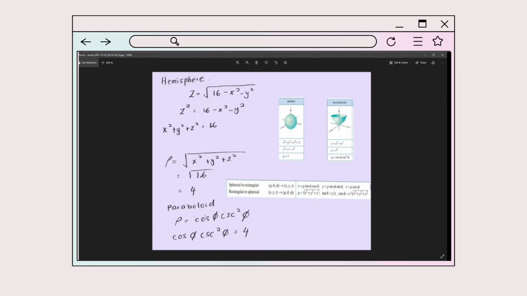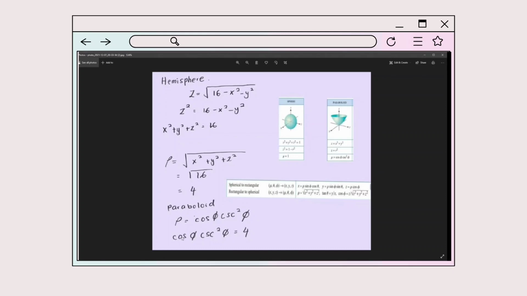So for the paraboloid, we know from the equation z equal to x square plus y square, we will get rho equal to cos phi cosecant squared phi for spherical.